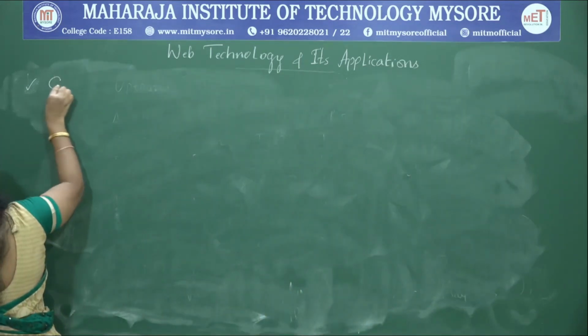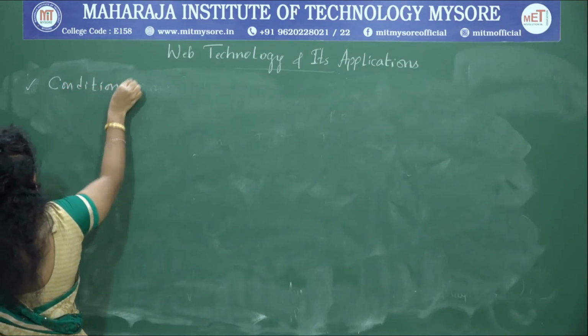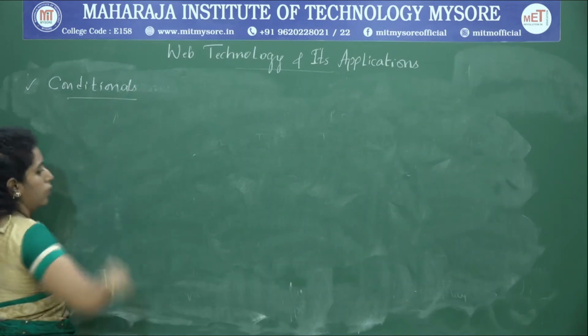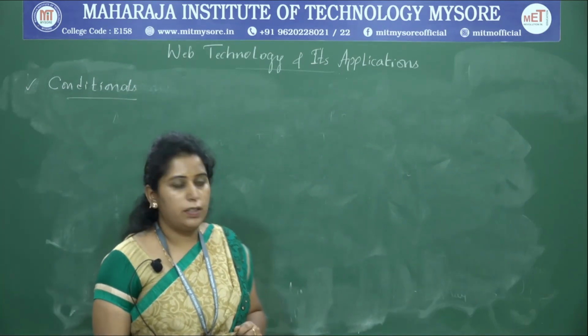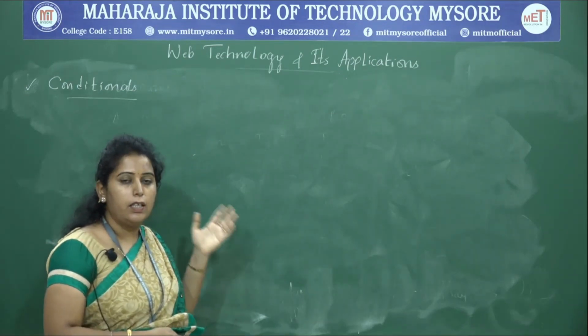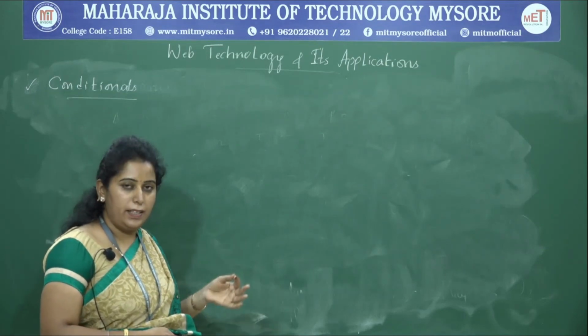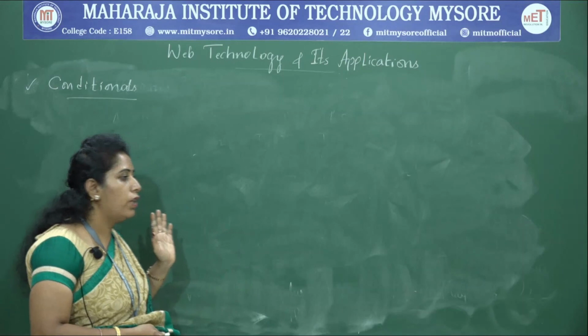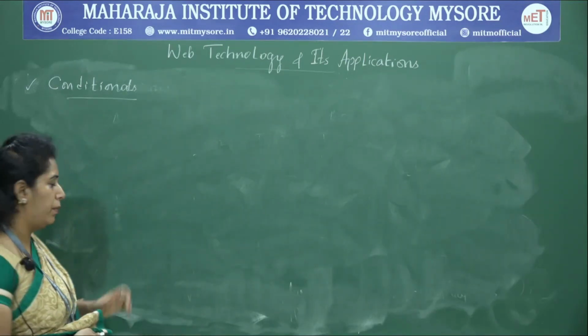So next is about conditional statements. As you all know, you can make a decision using decision making statements, or you can say conditional statements, which are if else, nested if, else if ladder. Is it right? So let me take up an example program to illustrate conditional statements.